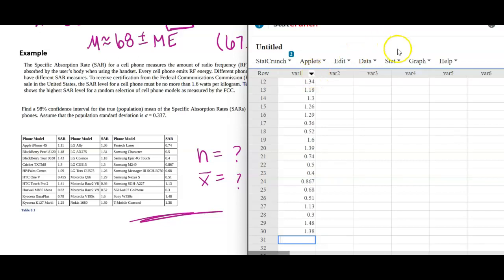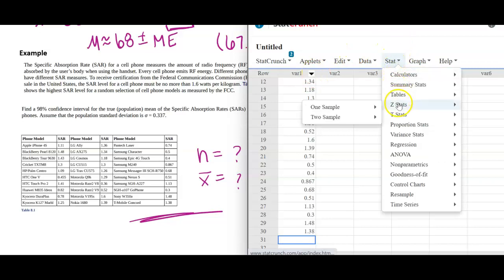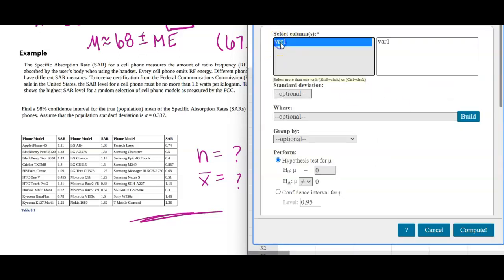Okay, so under stat, Z statistics, 1 sample, we're going to say with data. All our data is in variable 1. Standard deviation says optional. Well, I know it, so I'm going to put it in there.